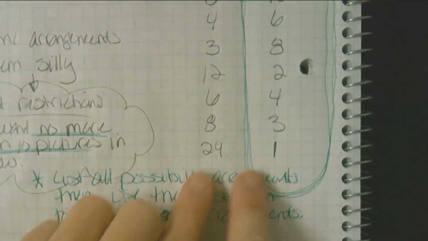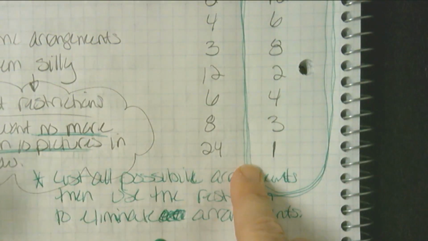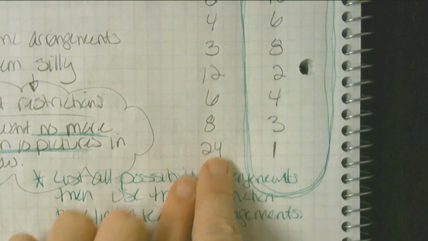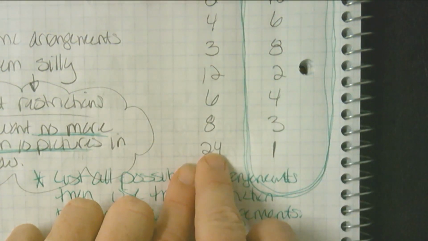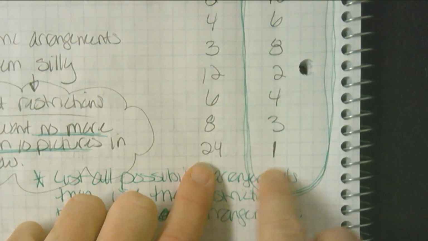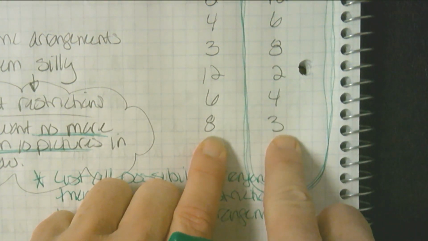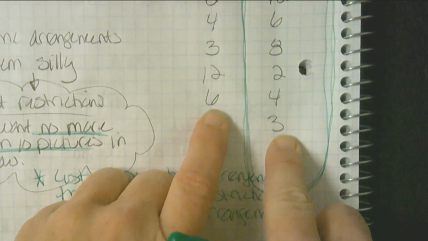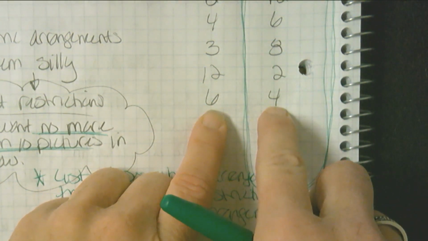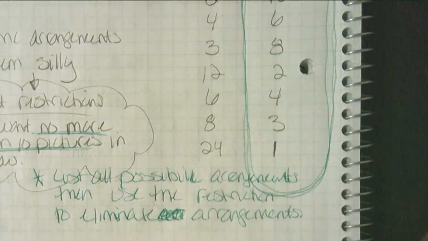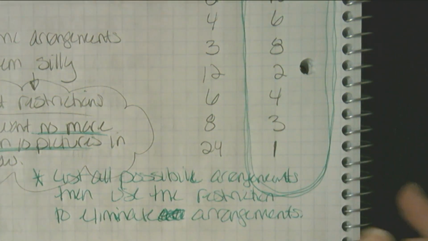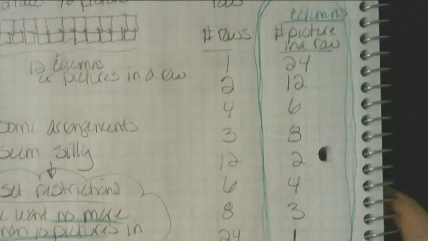I'm glad that you're saying this because I want you guys to understand what this means. 24 rows with one picture in each row. That's what this says. This one says 8 rows with 3 pictures in a row. This says 6 rows with 4 pictures in a row. So, Alex, give me one that does not meet that qualification.